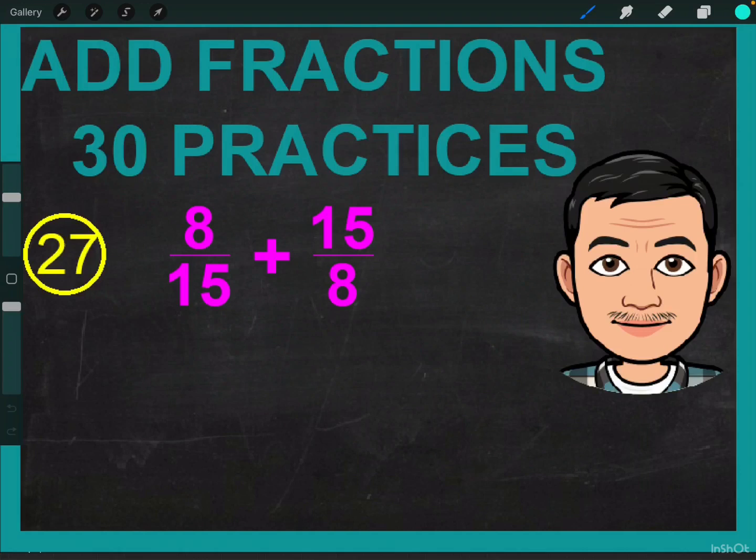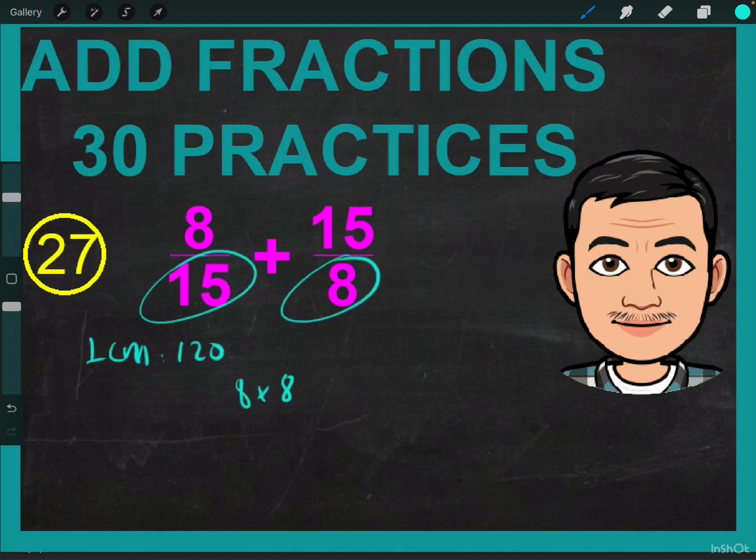Bracket number 27. We have two fractions with different denominators, 15 and 8, and the LCM for 15 and 8 is 120. Alright, so now we convert 8 over 15. We got 8 times 8 over 15 times 8, and then 15 over 8, we got 15 times 15 over 8 times 15.